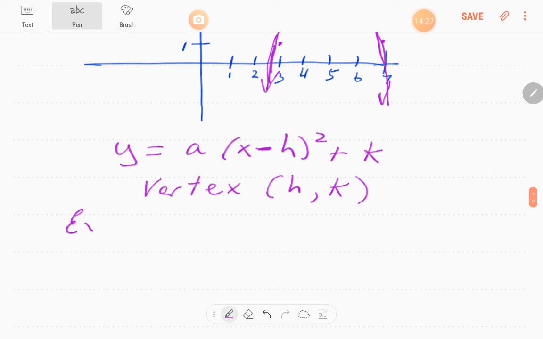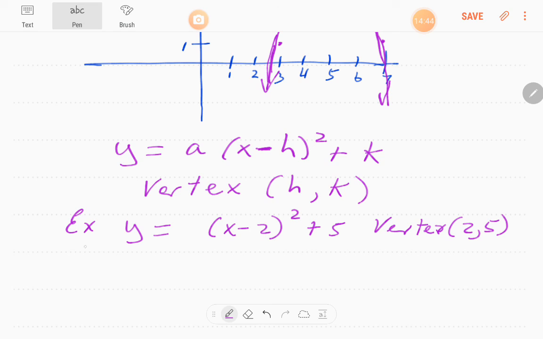So for example, if we have y equal to x minus 2 squared plus 5, then the vertex would just be 2, 5, okay?